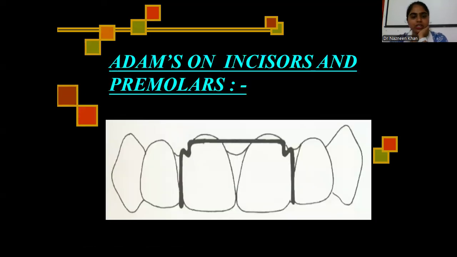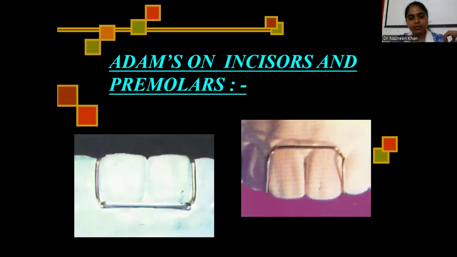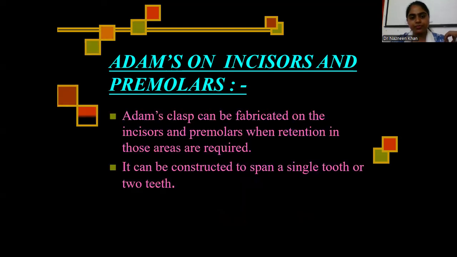This is the modification, another Adams on the incisor and premolar. This one is the Adams on incisor. Adams clasp can be fabricated on the incisor and premolar when retention is required. It can be constructed on a single tooth, or on a premolar and an incisor.